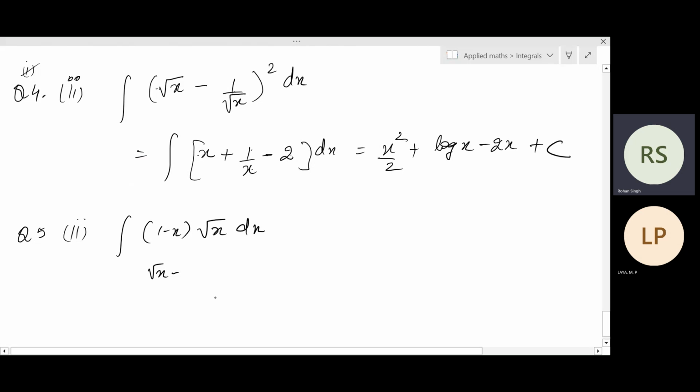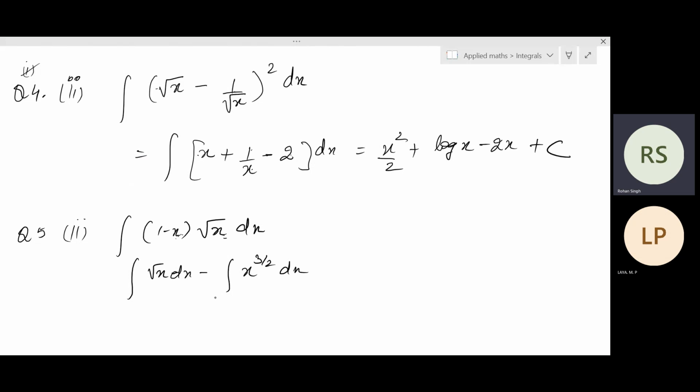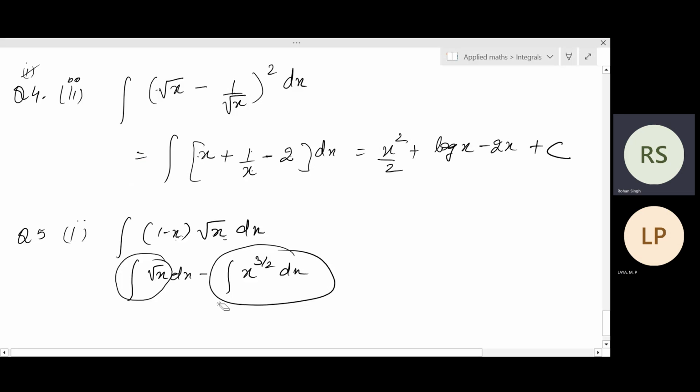How much will you be getting? x into square root of x, then x to the power 1 plus 1 by 2, which will be 3 by 2, right? We have already integrated this function before. This will be 2 by 5 x raised to the power 5 by 2, and this also we have done already. So let's see the second part.